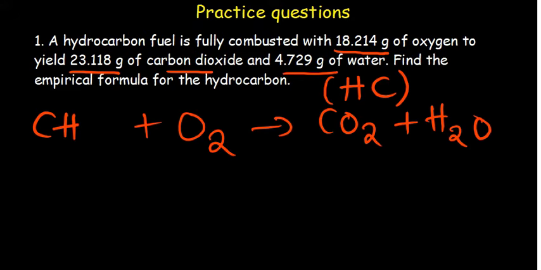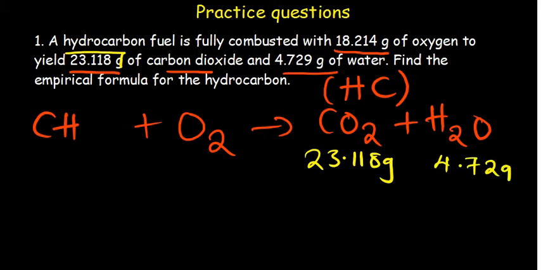So we are interested in the mass of carbon dioxide and water. That of carbon dioxide has been given to be 23.118 grams, so take note of that. And of water, we are told it's 4.729.